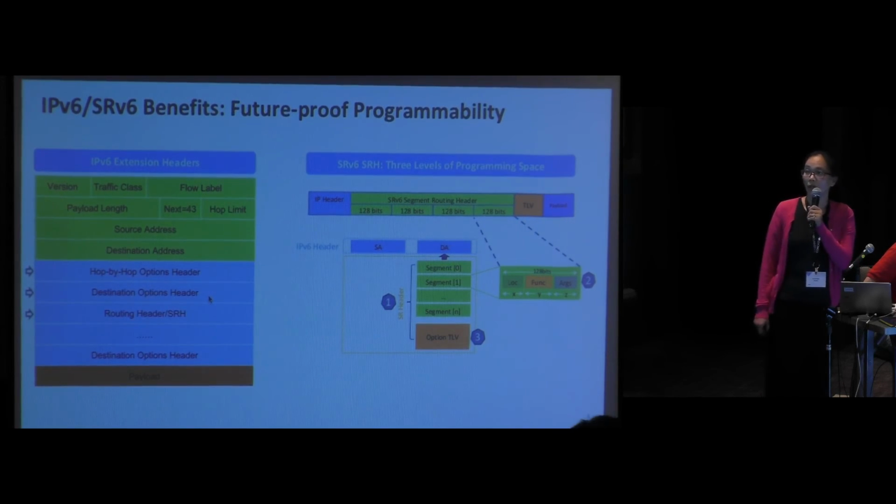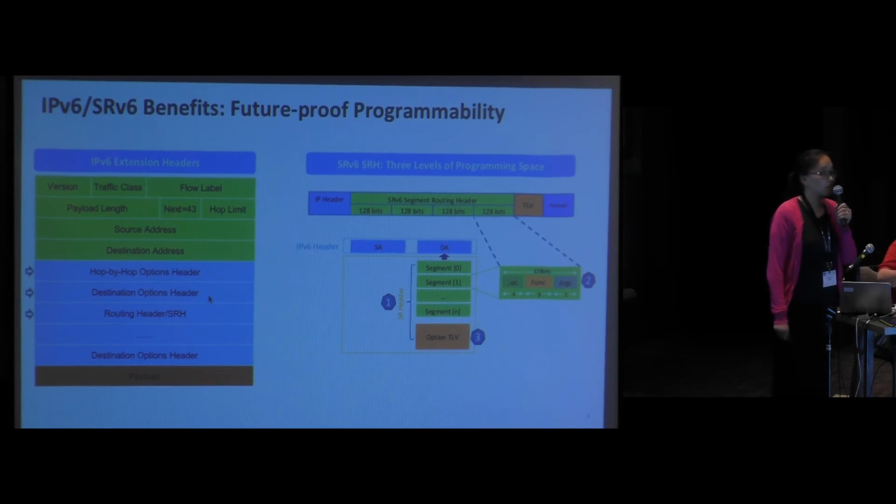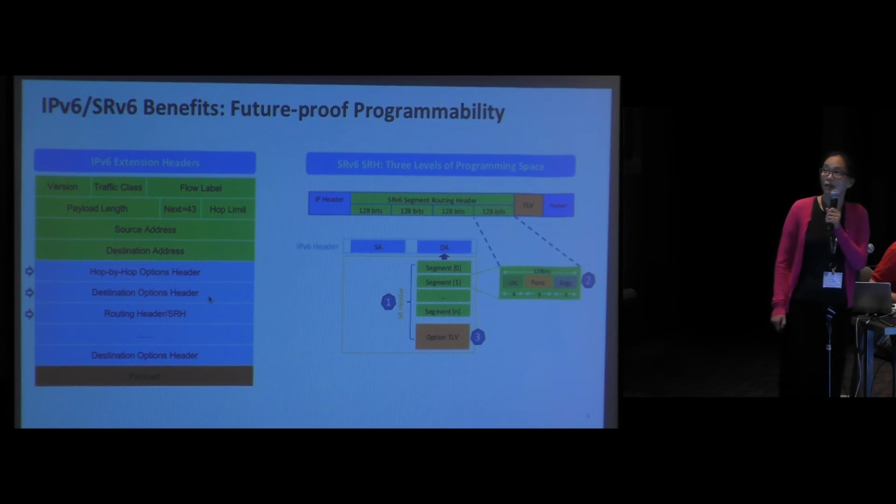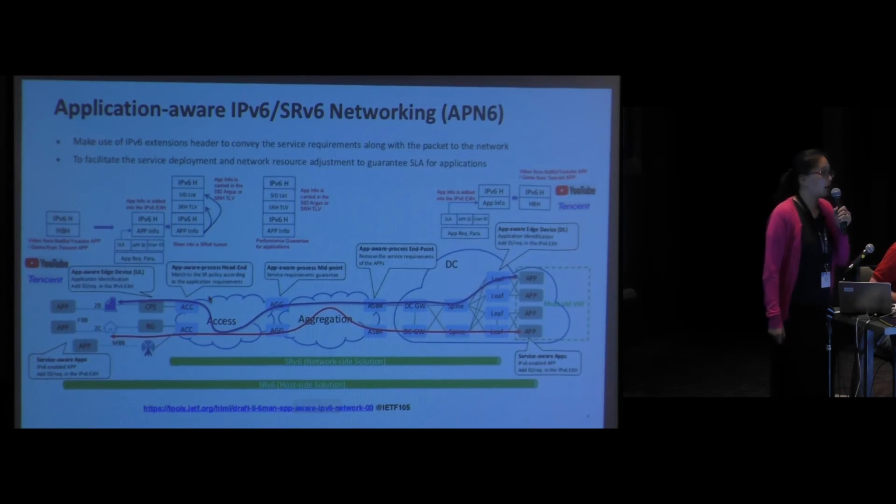We have the hop by hop and destination options headers, and also the routing header. SRH is one of these. So we have the arguments fields and also the TLV we could use to convey some information from the applications. And those are the foundations for the application-aware IPv6 or SRv6 networking.